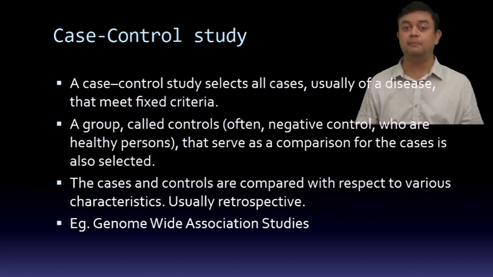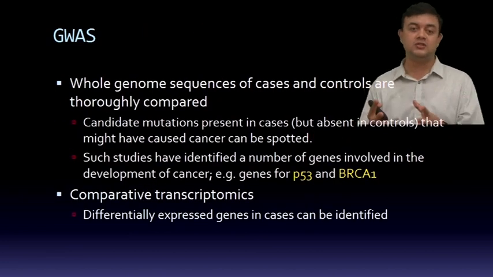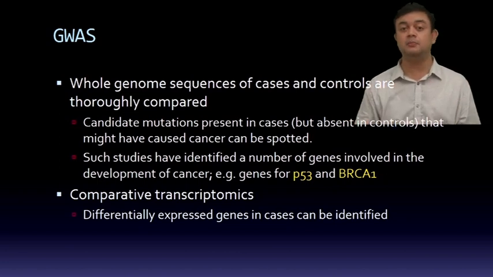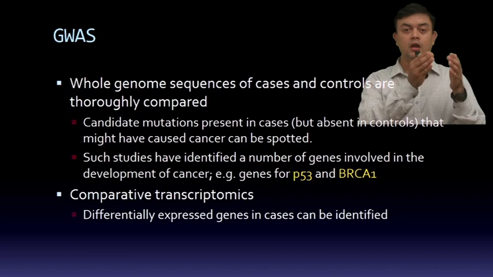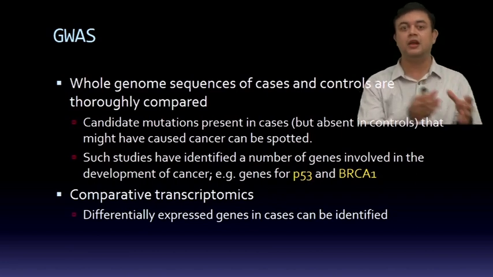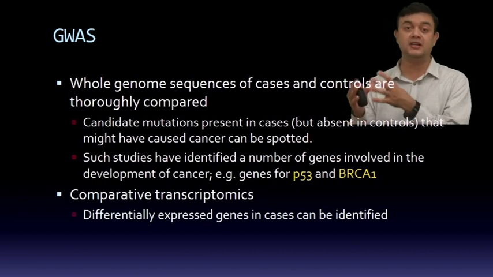One interesting example is called genome-wide association studies, or GWAS. So whole genome sequences of the cases and the controls are thoroughly compared. For example, breast cancer. Cases are the breast cancer patients, while controls are the healthy people who do not have breast cancer, right?